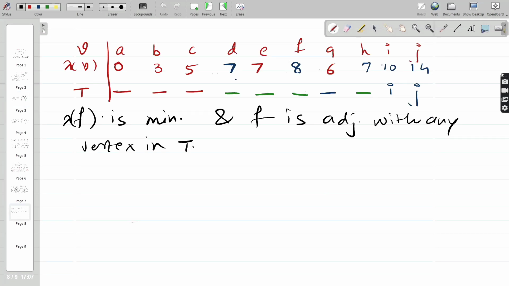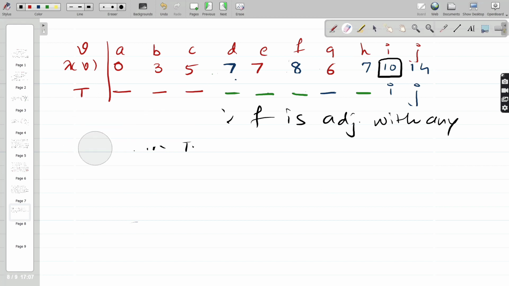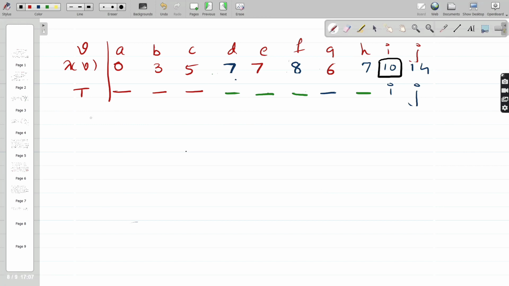So we have to consider the next minimum, that is 10 here. And then I have to find out the label. Okay, so lambda I is minimum and I is adjacent with J, that we can see.